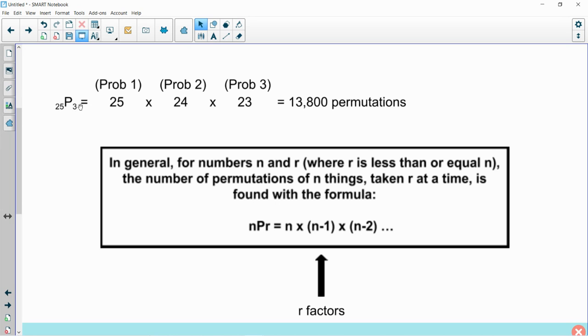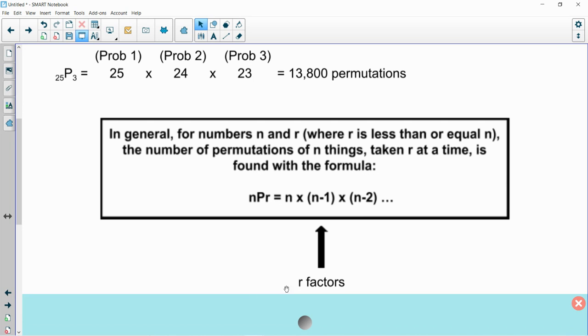The number on the right will always be less than or equal to the one on the left. Again, we will count down. Now the difference here is we're not going to continue until we get down to 1. Whatever this number is, that's how many factors we're going to multiply together.